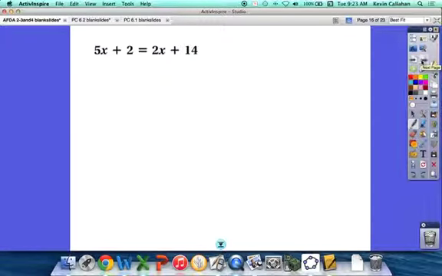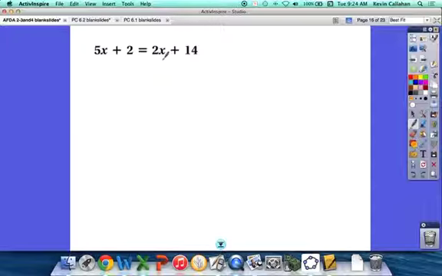Okay, now we get into where we have variables on both sides. Before you start to move things around from side to side, you should make sure there's no combining of like terms to do on the same side. Is there anything that we could combine between 5x and 2? Are they like terms? No, because one has an x and one doesn't. And the same thing over here. So make sure there's no combining of like terms to do, right?